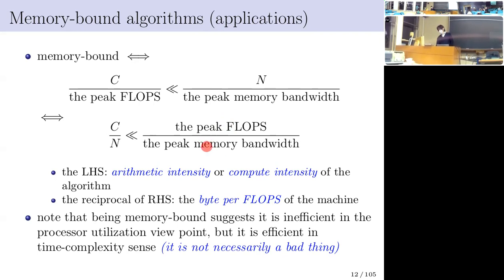This is the processor's characteristics, which is often called bytes per flop of the machine. On the other hand, the left-hand side is the characteristics of the algorithm, which is often called the arithmetic intensity or compute intensity: how intensively it computes on a given amount of data.